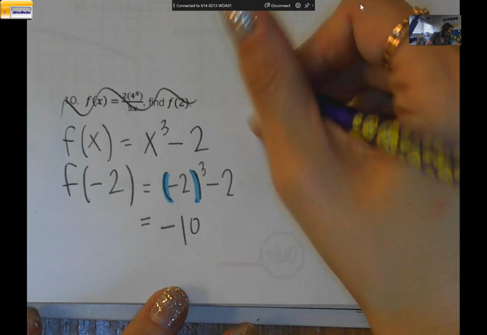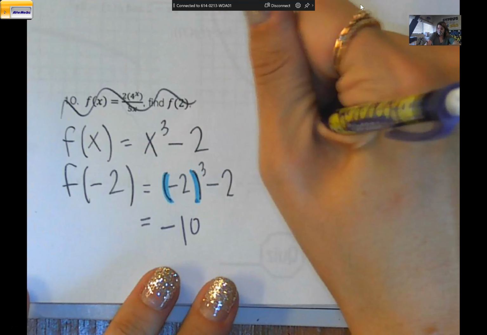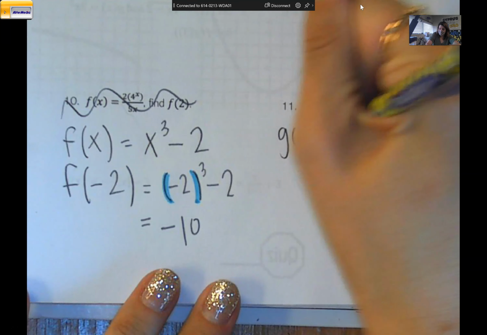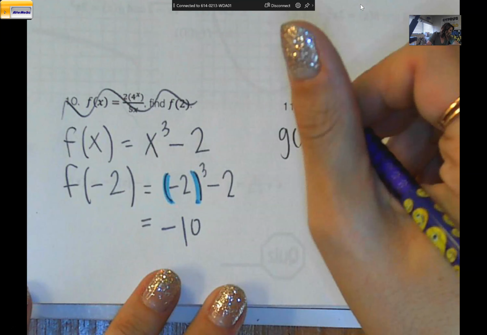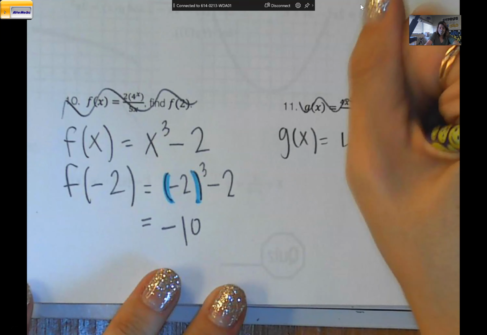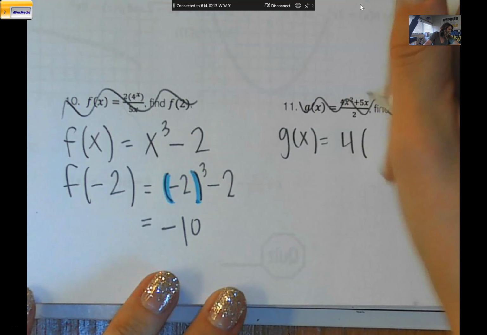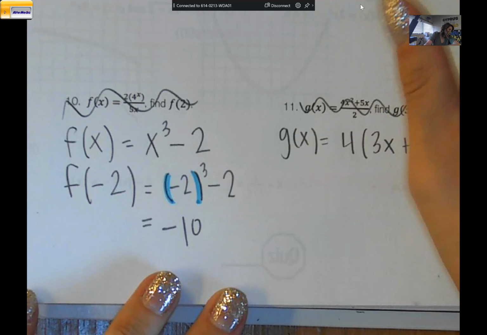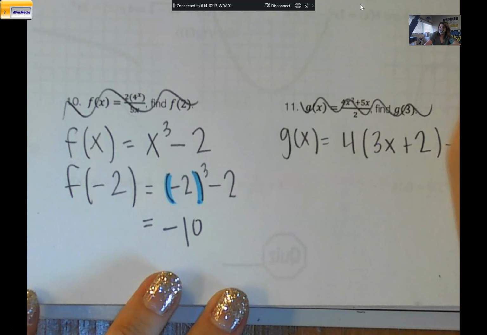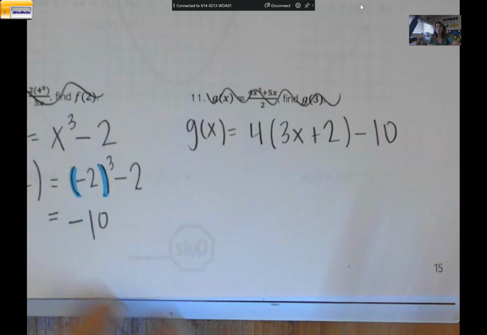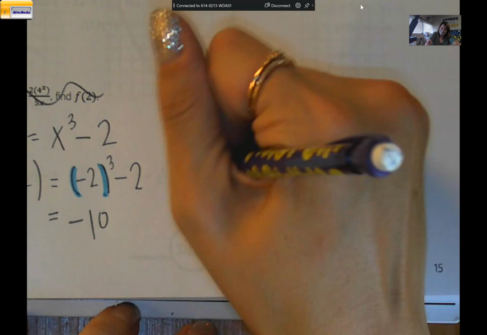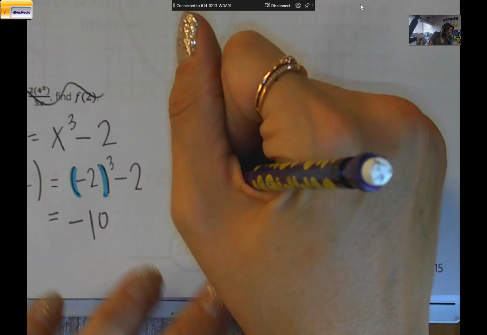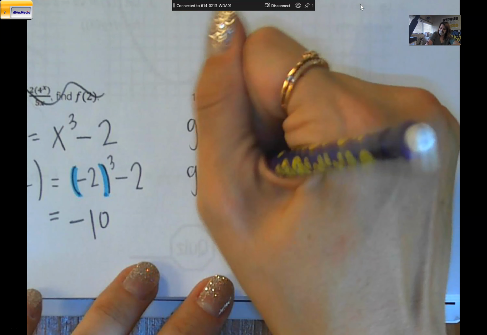Okay, next function is g of x equals 4 times 3x plus 2 minus 10. So he's a really long one. You are finding g of 0.